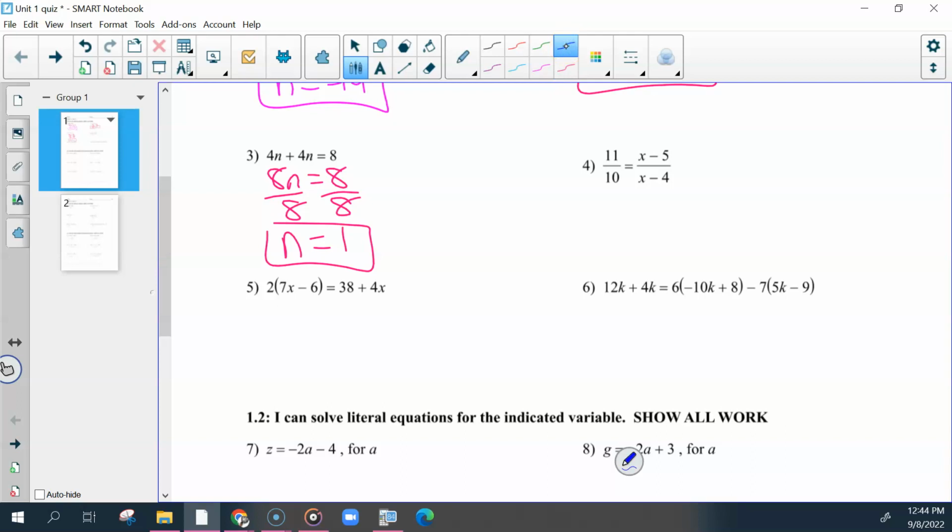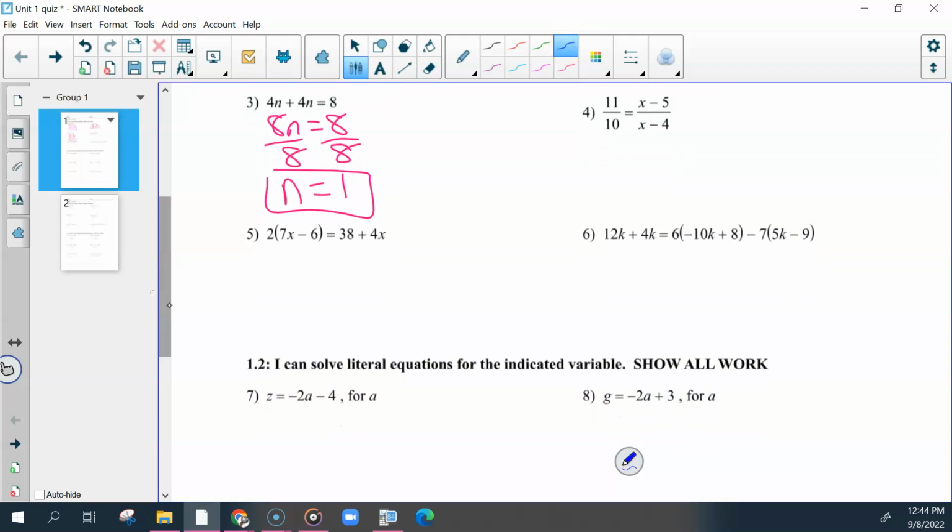For 4, I think this was where I saw the most issues. If you have fractions that equal each other, cross multiply and multiply this to everything here.